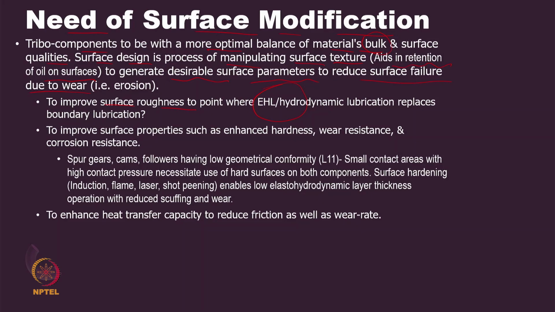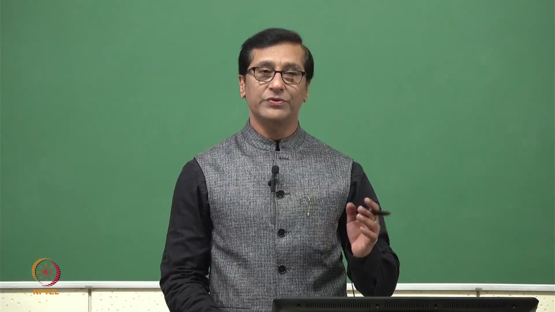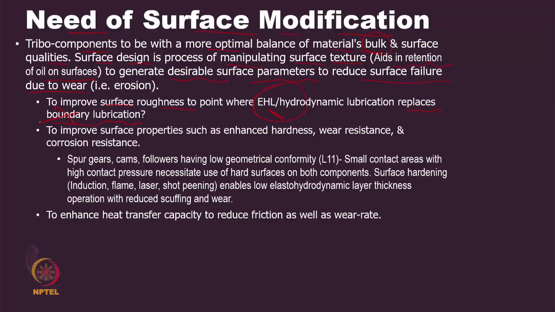Even in starved lubrication, even in smaller lubricant quantity, where the lubricant is available with no recirculation, in those situations also we should get EHL or hydrodynamic lubrication, replacing boundary lubrication completely, because we know boundary lubrication has slightly higher friction and higher wear rate. So if we want to keep control on friction and wear, we should eliminate boundary lubrication and bring that to the EHL case, maybe to some extent hydrodynamic lubrication also.